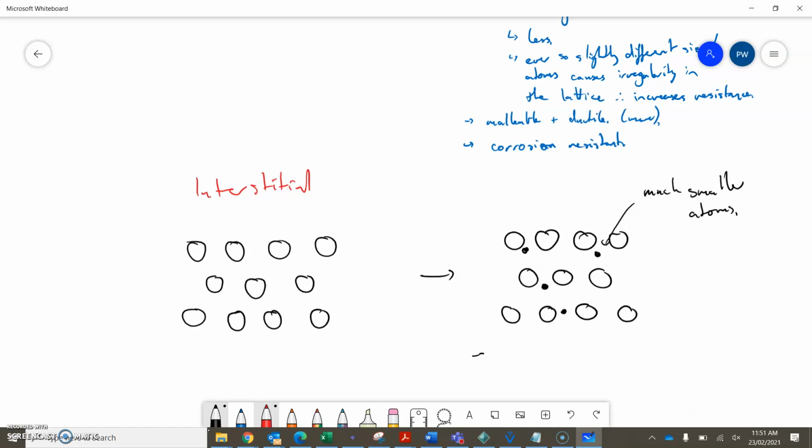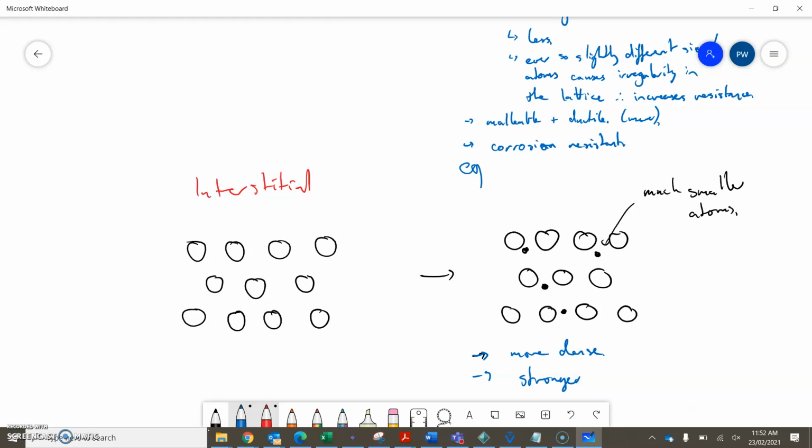It tends to be more dense because we're fitting more mass into the same space. Again, corrosion resistant, slightly less malleable. So interstitial tends to be stronger. Slightly more dense, because we're putting more material into the same volume.